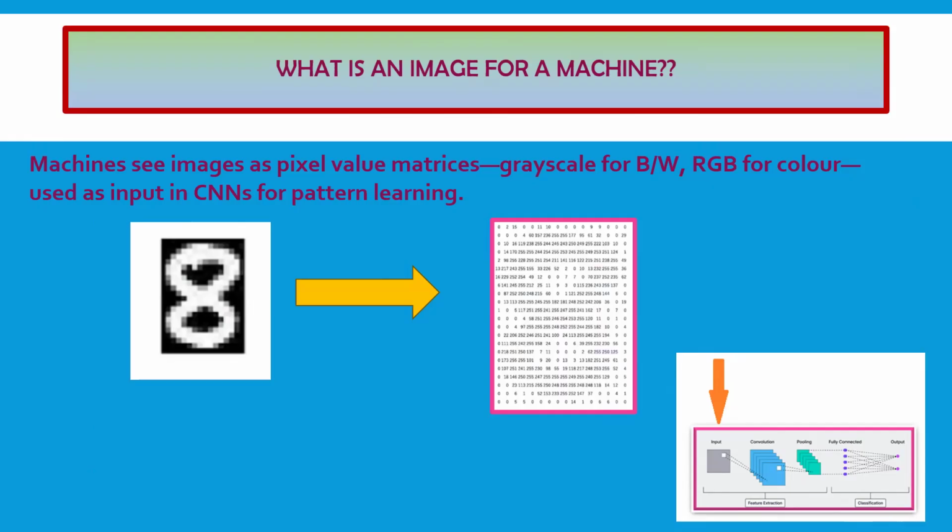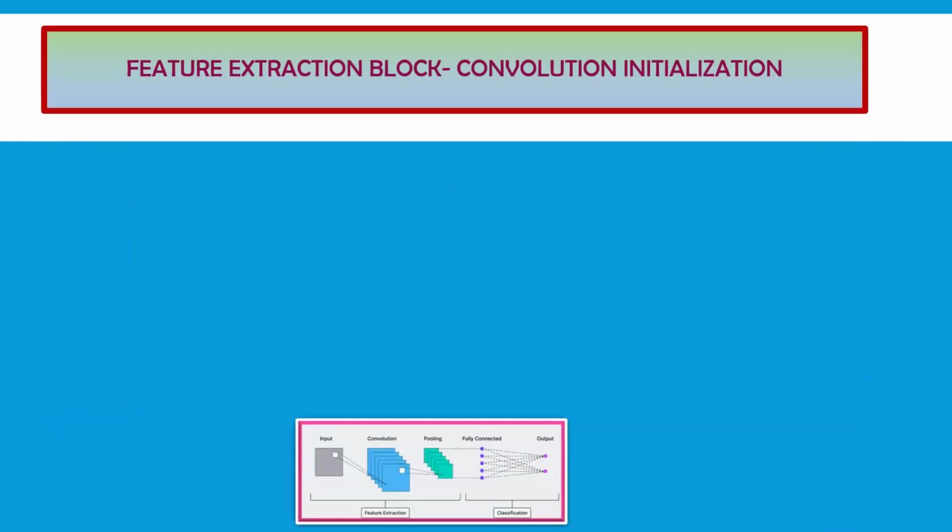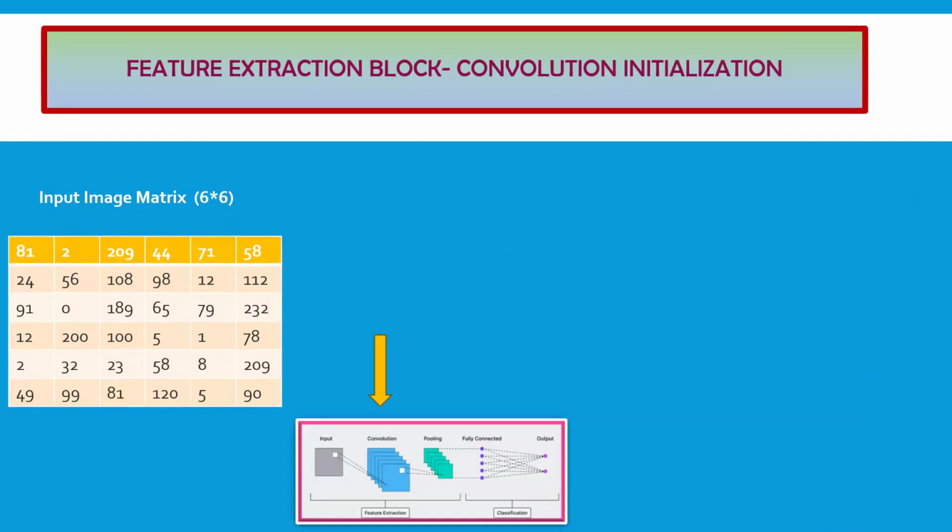So we are now beginning our detailed walkthrough of how CNN works. Let's assume this is the pixel representation of an image, which is a grayscale image, just a 6x6 matrix for illustration purposes. Each number here represents the intensity of a pixel from dark to light.